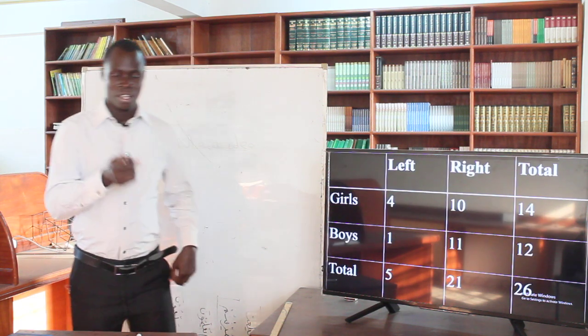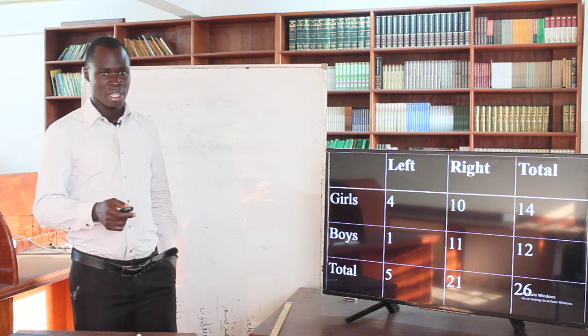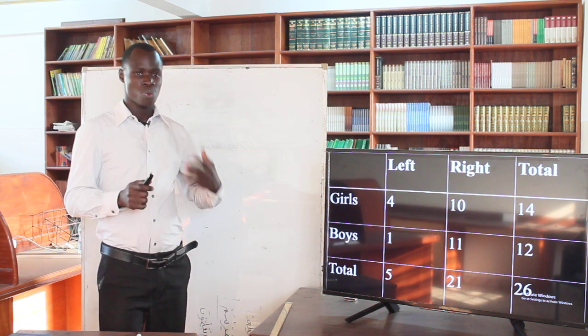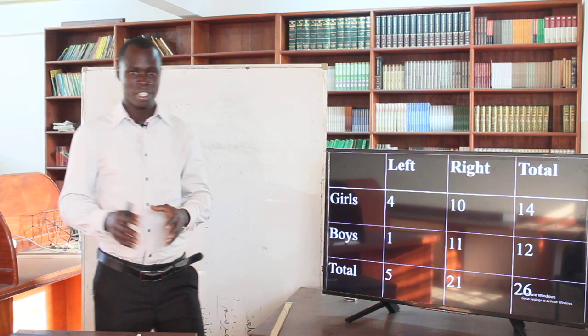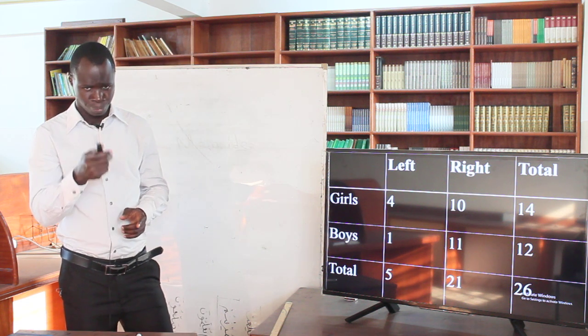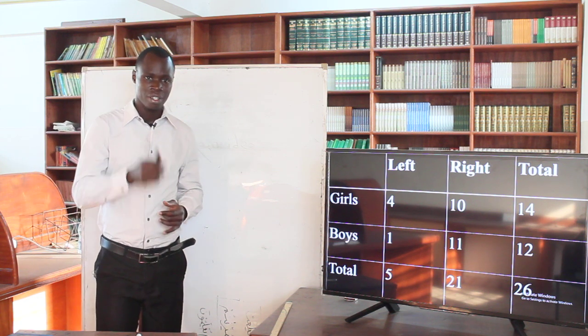So you find that the left-handed girls are 4 of them, the right-handed girls are 10, and the total is 15. Boys, we have one boy who is left-handed, then right-handed we have 11, then we have 12 total students.